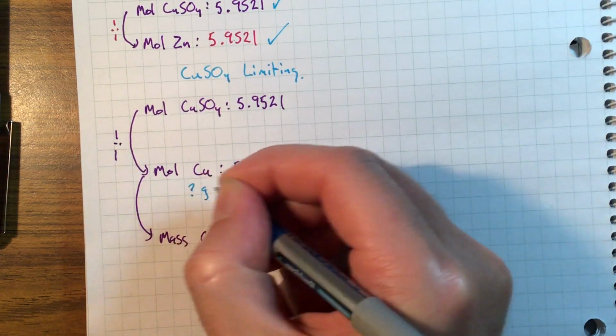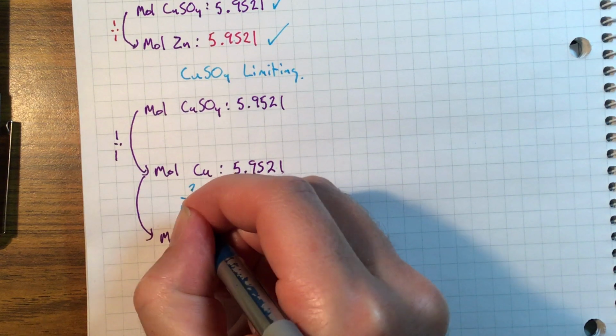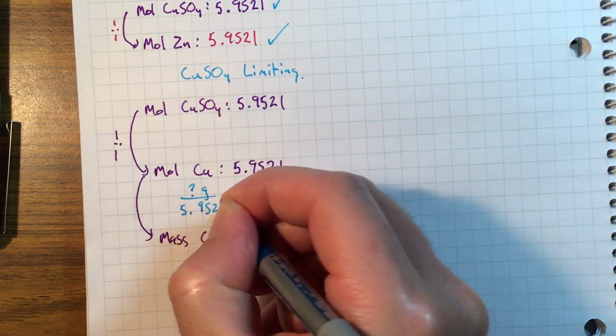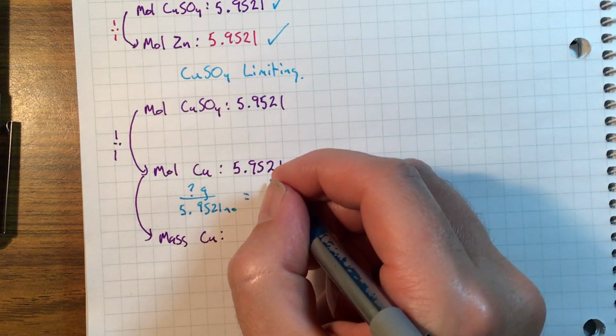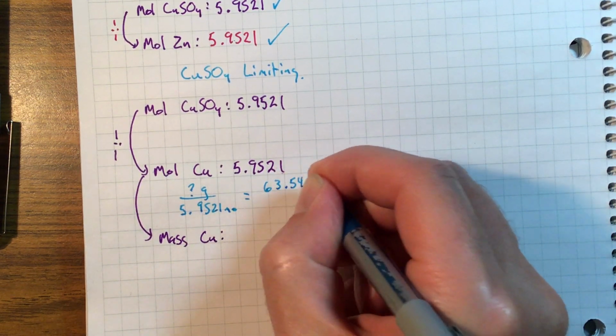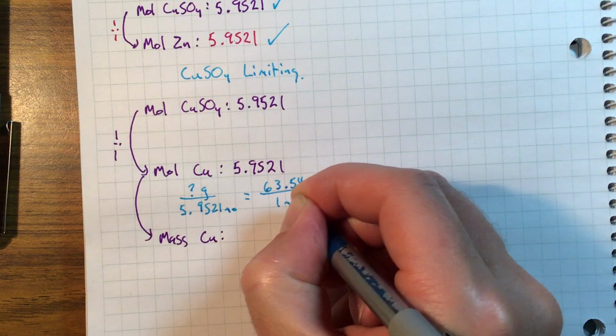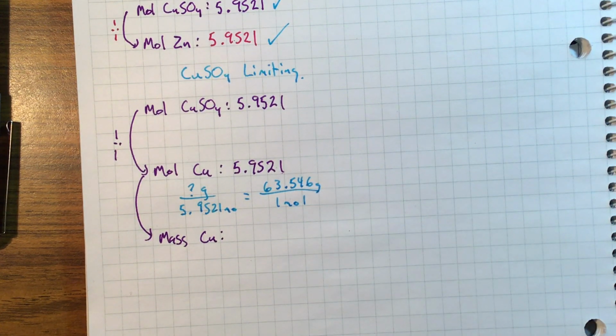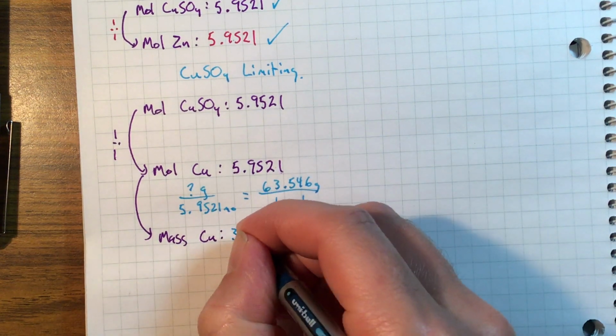How many grams Cu are there in 5.9521 moles? If in Cu there's 63.546 grams in 1 mole, so I take my 5.9521 times it by 63.546, 378.2 grams.